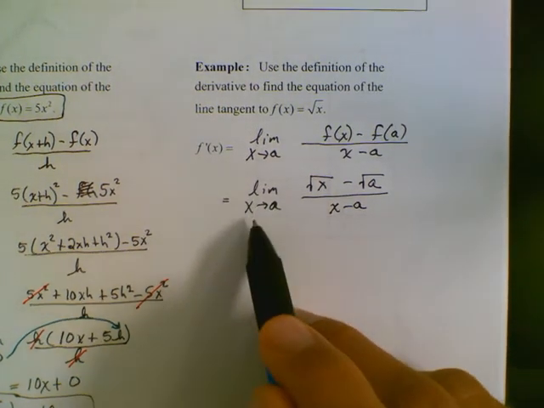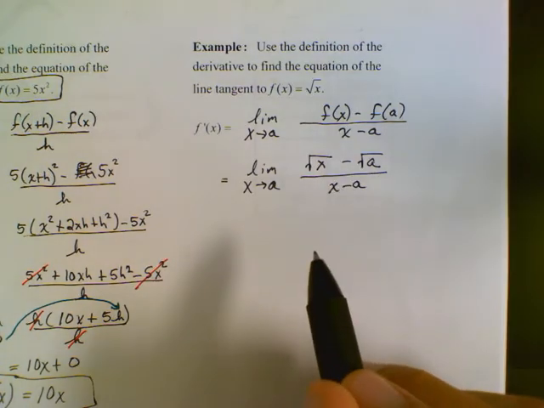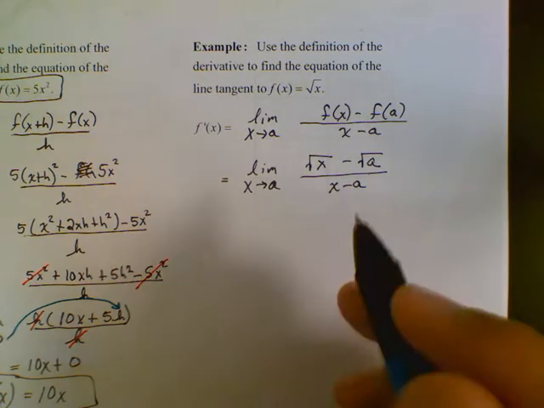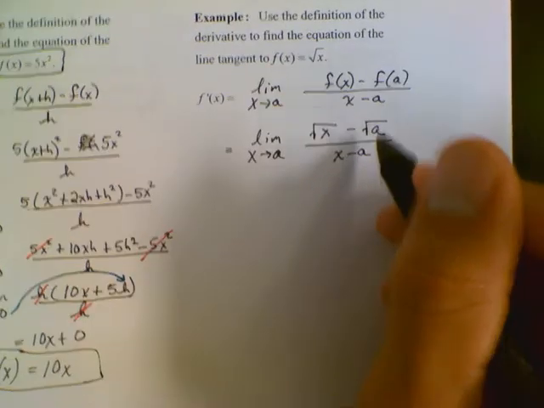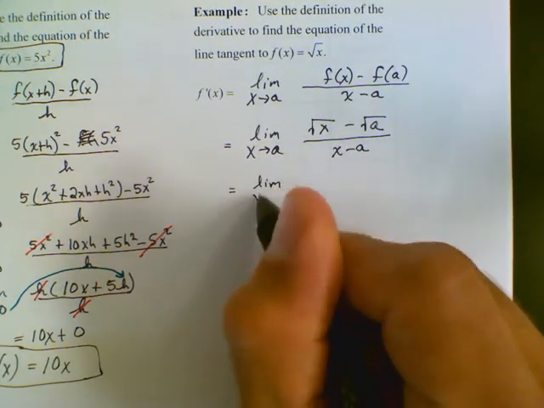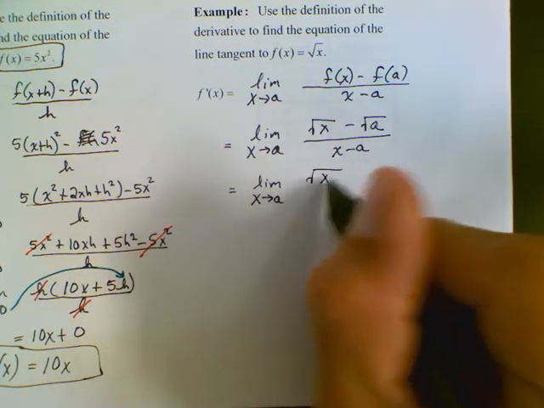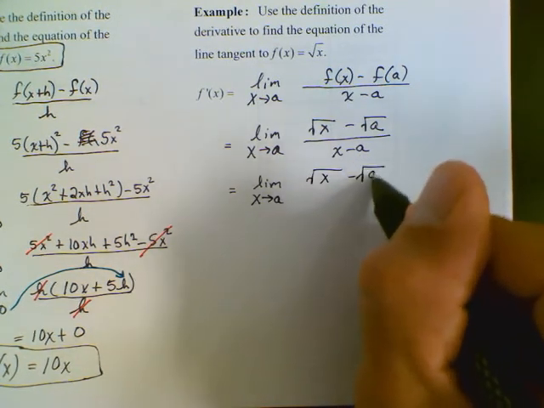Well, if x approaches a and you substitute that in, you would get 0 over 0, so that'd be indeterminate form. If you get indeterminate form like that, then we have to either factor or rationalize or find some kind of trig identity. So I guess what we're going to do is rationalize. So I have the limit as x approaches a of the square root of x minus the square root of a on top.